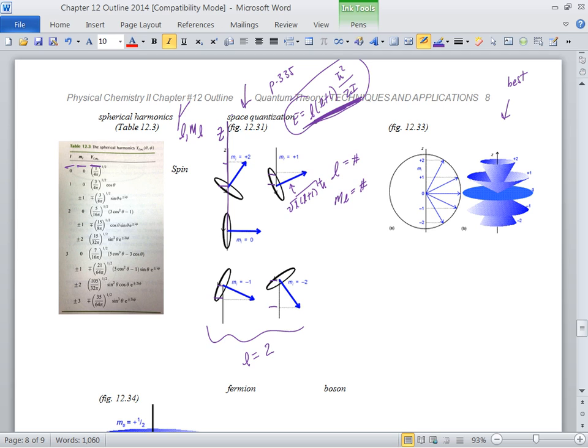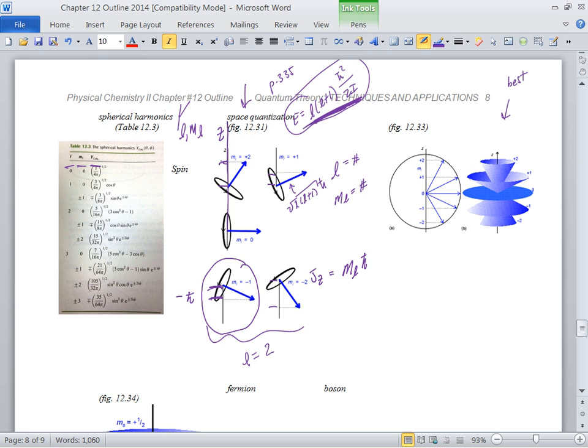Fine. So what is the z component? The z component is always m sub L h bar. So if m sub L is negative 1, then the z component is going to be negative h bar. That would be this one. See that? So this distance right here, that's negative h bar.